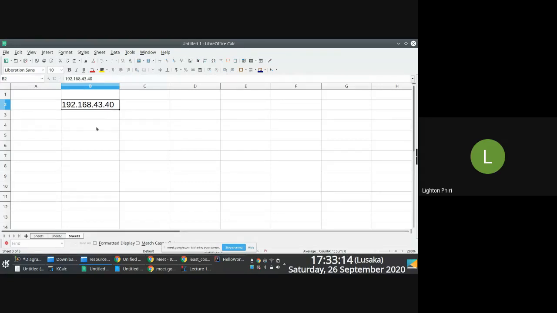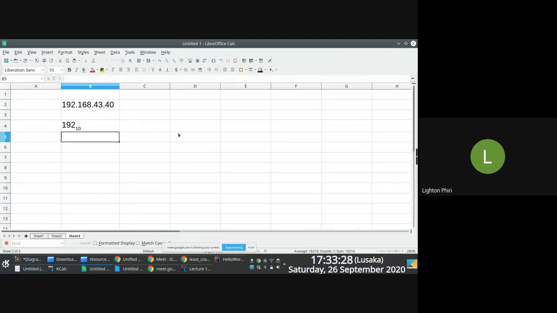You do it stepwise. You're first going to convert 192 base 10. And then you have to convert 168 base 10.